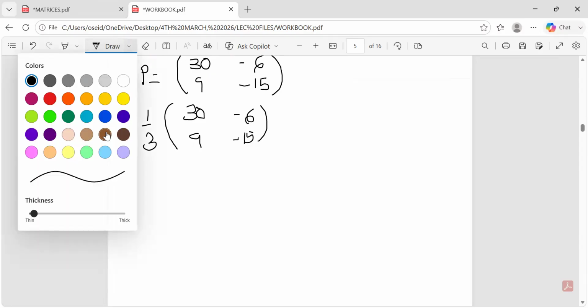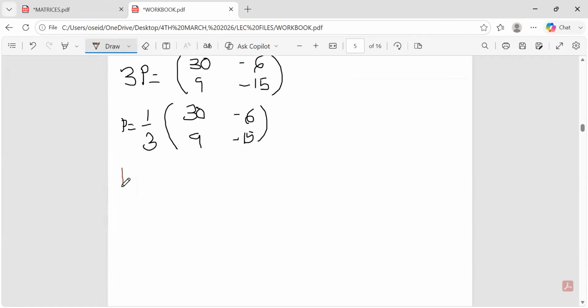Therefore, p will be equal to: 3 will go into 30 10 times. Then into 9 3 times. Then into -6, -2 times. Then into -15, -5 times. So therefore, p equals 10, 3, -2, -5.